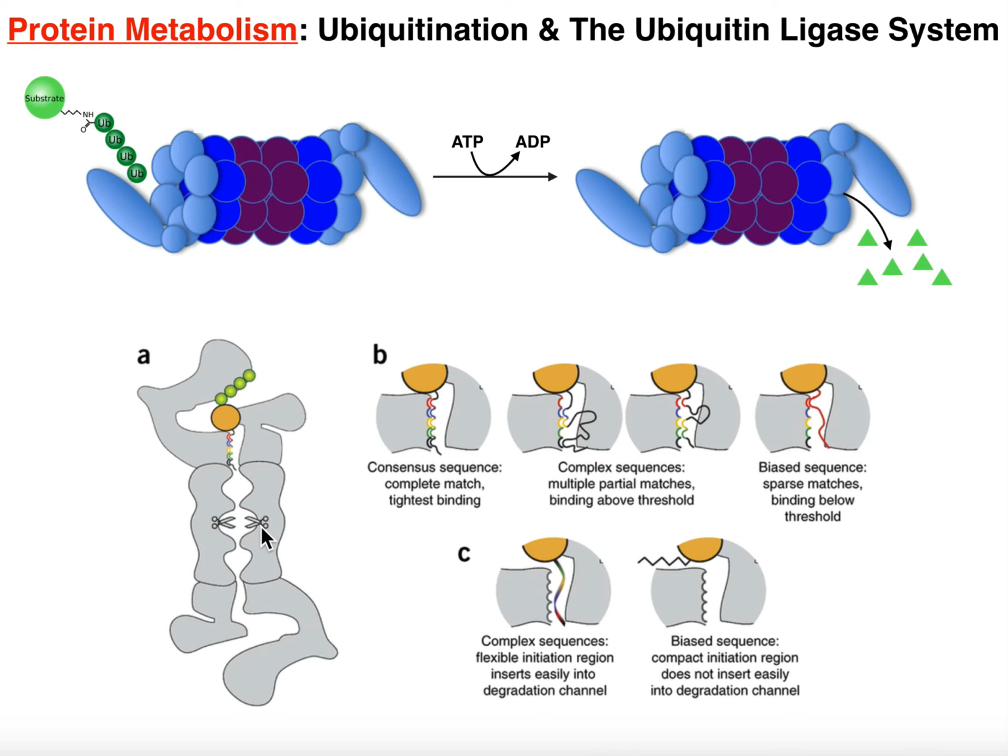Very similar in mechanism to the serine proteases that we saw much earlier in biochemistry. And this will ultimately, as you can see here, lead to the complete destruction of that protein. And these peptides and amino acids can then be recycled for other purposes.